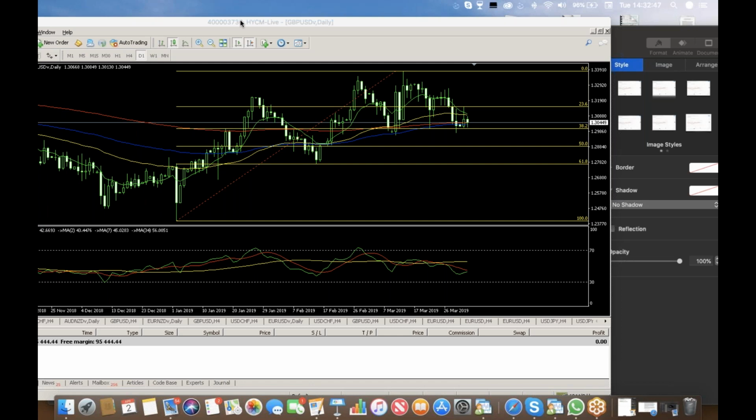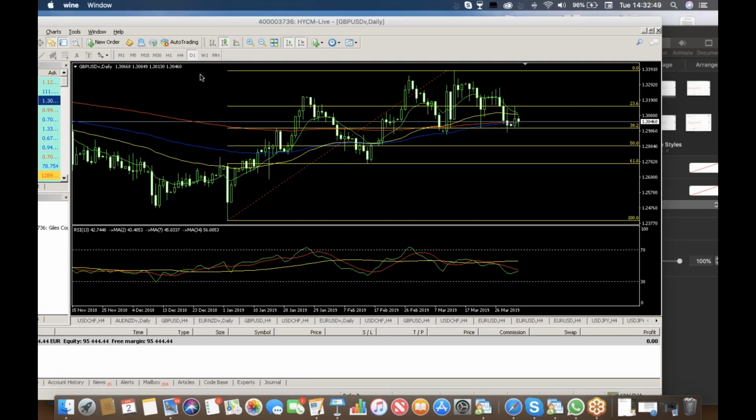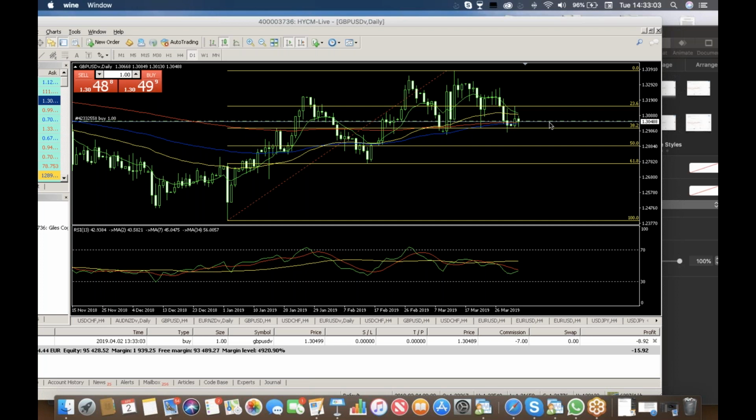So you could see a very sensible place to enter would be somewhere around this level here. You just drag it down for a stop and put your stop there.